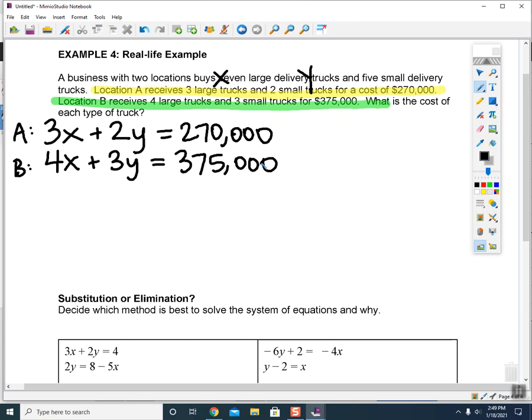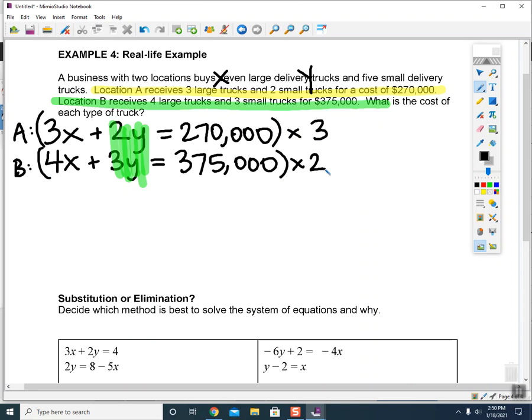So the ones that I'm going to focus on are the Y values in here. So I'm going to multiply this top one by 3, and I'm going to multiply the bottom one by 2, so that my Y values are both 6.